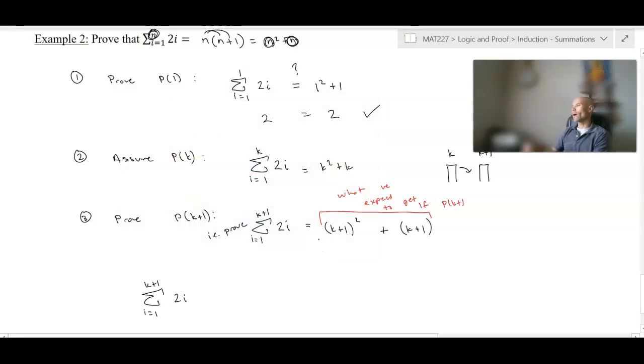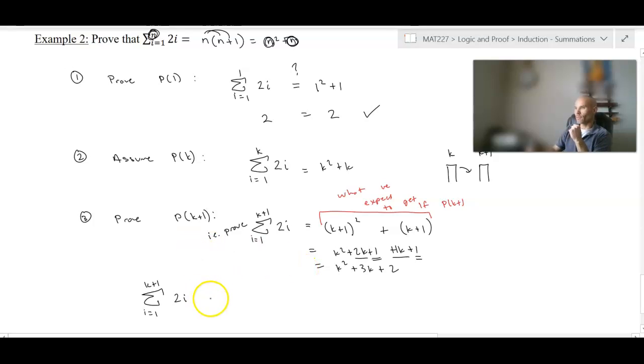Or you could alternatively FOIL k plus 1 squared, plus k plus 1, which will give us k squared plus 3k plus 2. Rather than having to factor, sometimes it's easier just to distribute. So we expect to get k squared plus 3k plus 2.